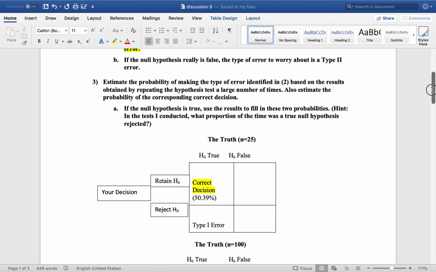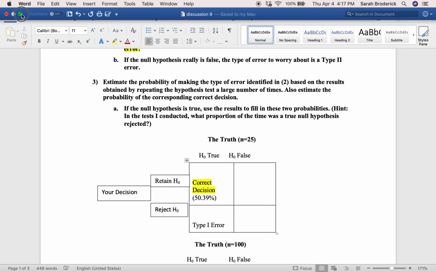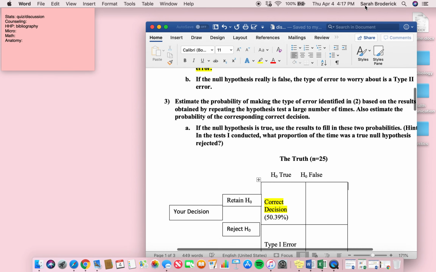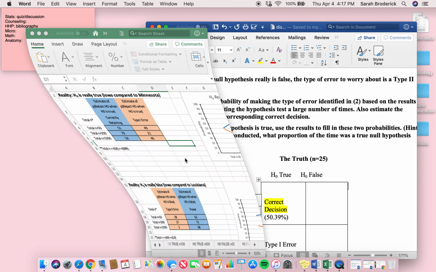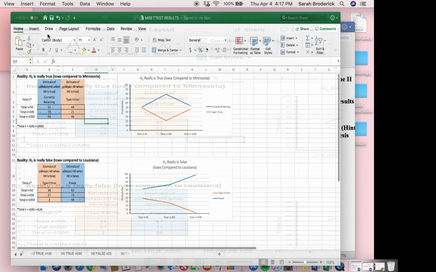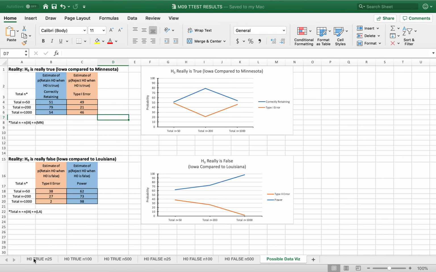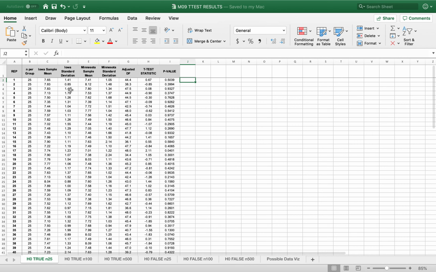This is the part that I found confusing and I may have mistakes on. For the estimation of probability, I went to the Excel spreadsheet. One second, sorry, let me pull it up. For the first p-value, it was 0.5039.